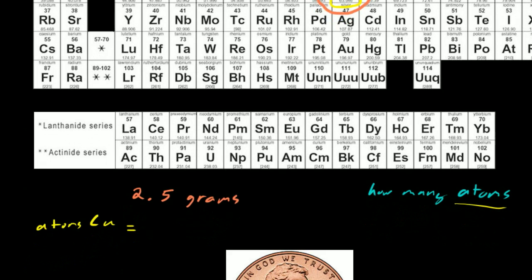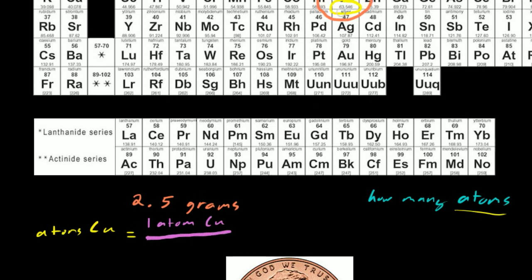So we can say that every one atom of copper, and this is on the top of my fraction now because this is the unit that I want to get, and the unit on the bottom is going to cancel out, every one atom of copper is going to have a mass of 63.546 AMU.